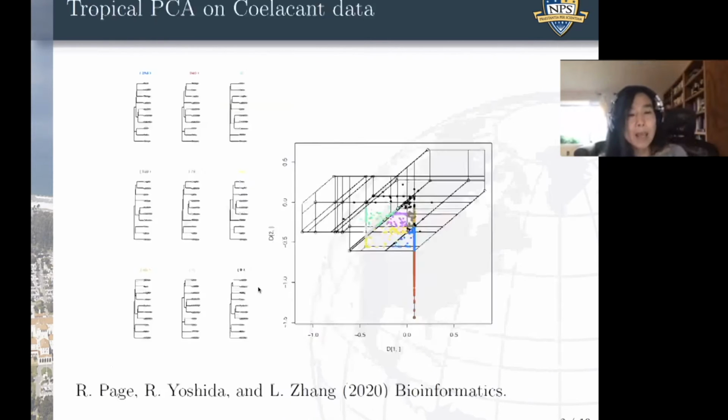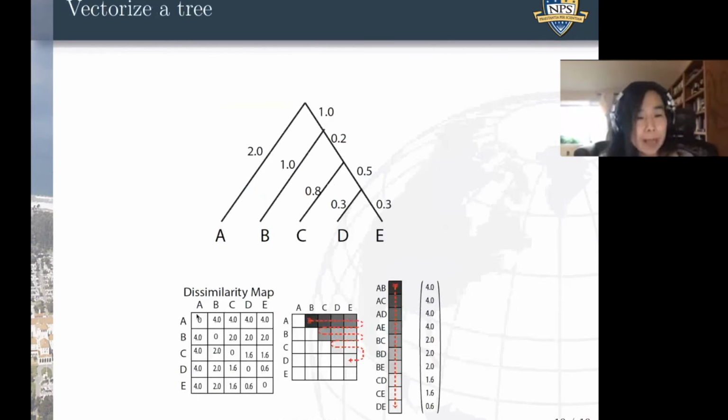Okay, and this is how we vectorize. We take pairwise distances first. For example, we have 5 leaves here, so we create a 5 by 5 matrix and calculate all pairwise distances.